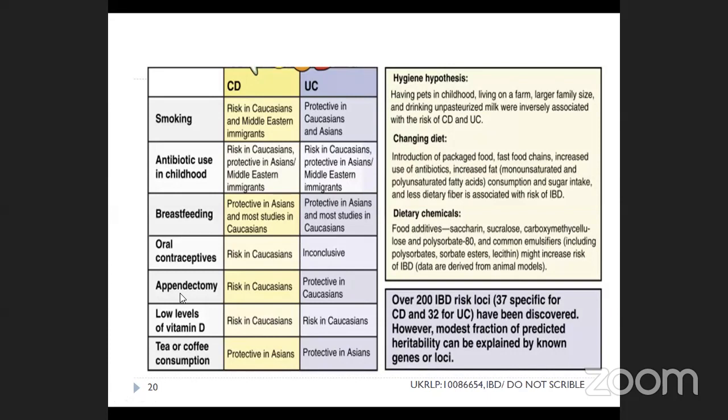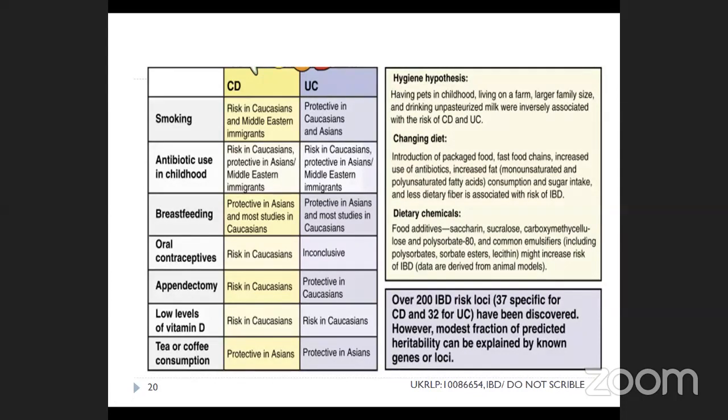It has been proved that appendicectomy is a risk for causation of Crohn's disease, and it is protective in ulcerative colitis. And a low level of vitamin D is a risk for both Crohn's disease and ulcerative colitis. And the consumption of tea and coffee has been said to be protective in Asians, in both Crohn's disease and ulcerative colitis.